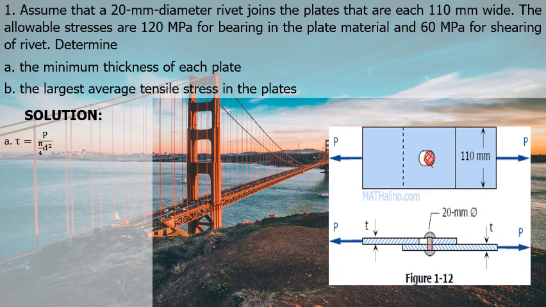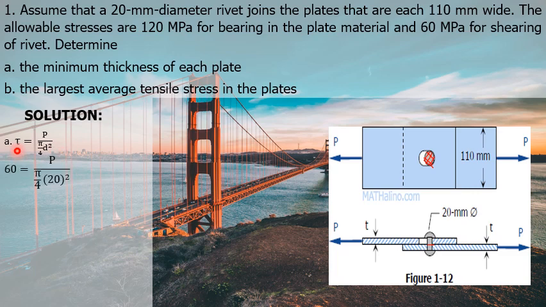So in letter A, let's first consider shearing stress. Tau is equal to P, our shear force, over the area of the rivet, which is a circle, pi fourths d squared. Let's substitute our values.